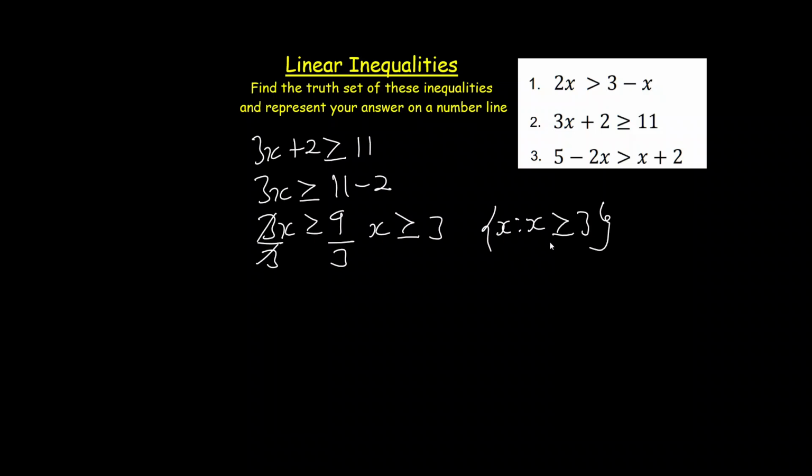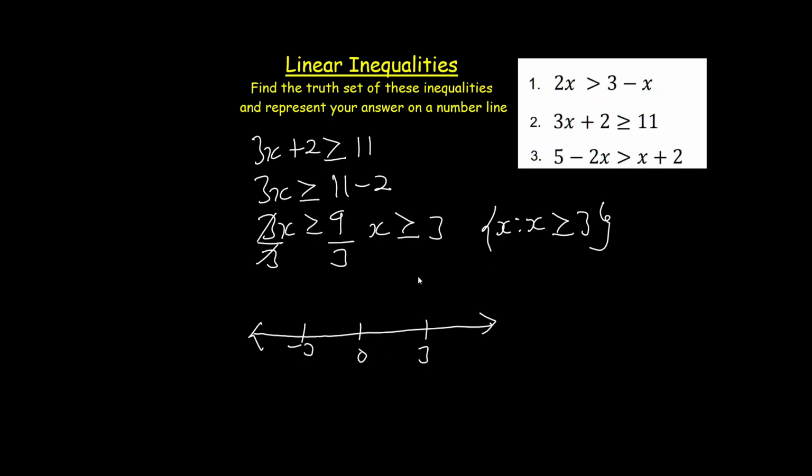Now, we need to represent the true set, x is greater than or equal to 3, on a number line. Here, I'm going to use the second method. Just draw a neat line with a ruler and a pencil, and then just write -3 here. If your answer had been 5, I would have written -5 here and then +5 here, but here I had 3, so -3 here and also +3 here.